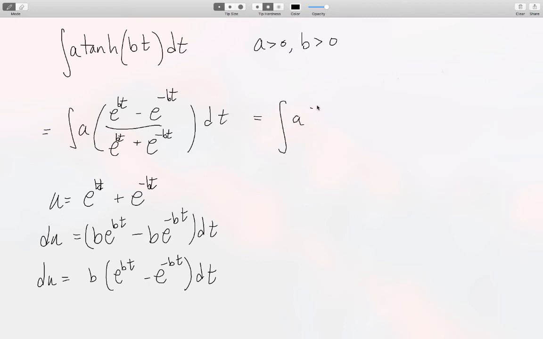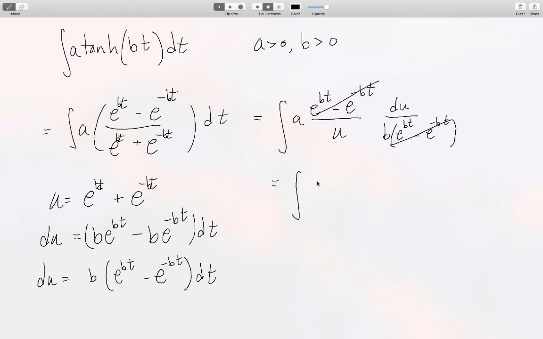In the numerator I have e to the bt minus e to the negative bt. In the denominator I have substituted u, and to replace the dt, it's du over this whole thing, b times e to the bt minus e to the minus bt, and that's perfect because those cancel.